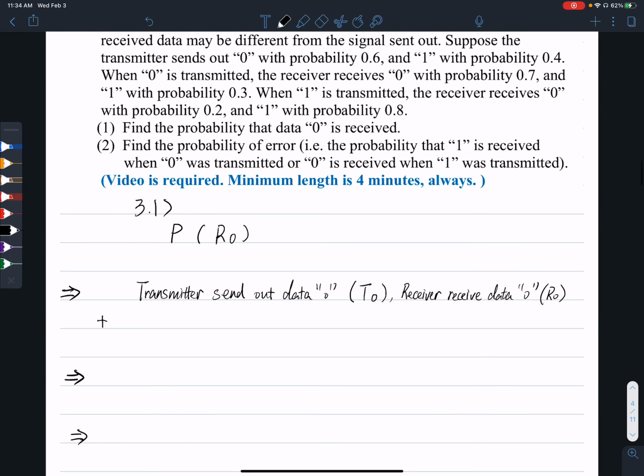So when we write it down, the transmitter sends out data 1, we assume as T1, and the receiver receives data 0.